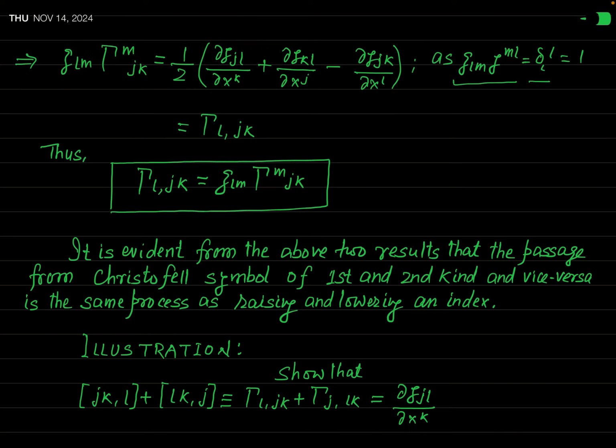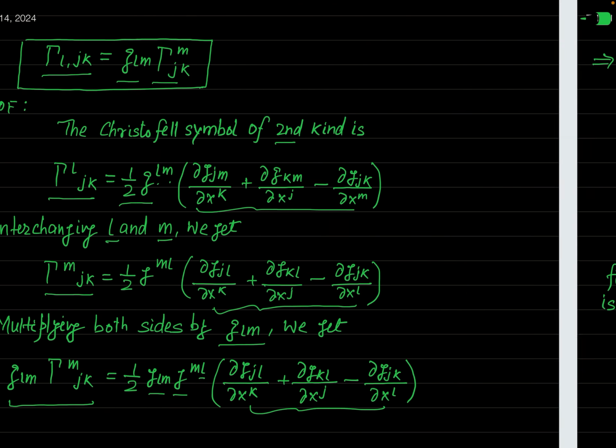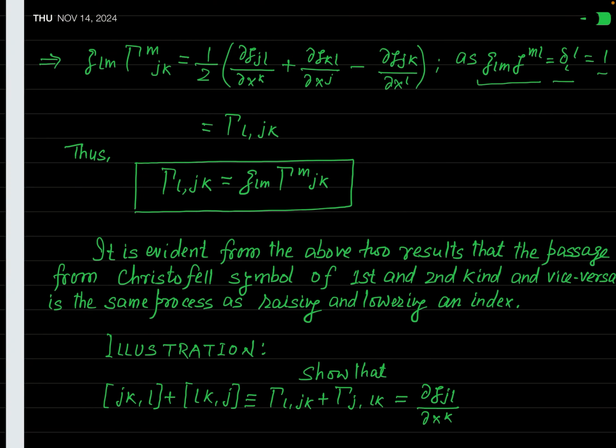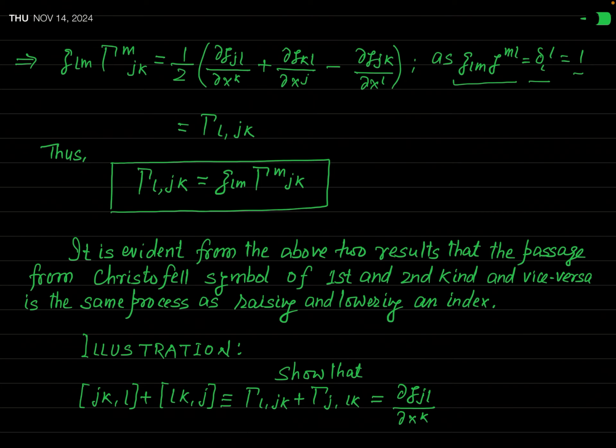It means both indices are equal, and you know Kronecker delta LL is equal to 1. So this product, that is g covariant indices LM times g contravariant indices ML, is equal to 1. So this product is equal to simply 1 over 2 times this much.